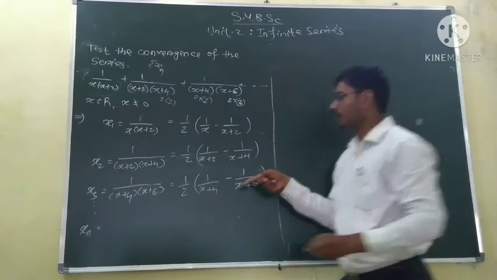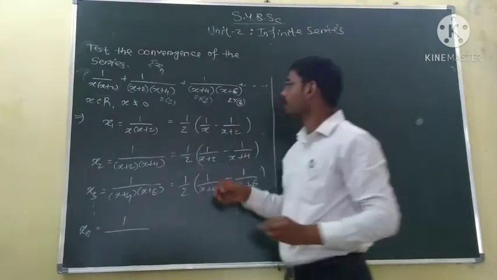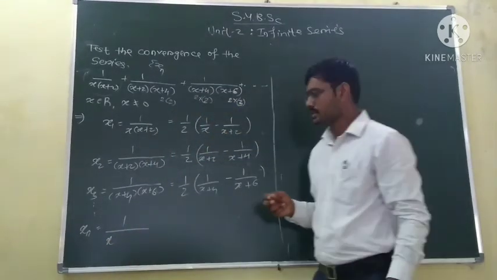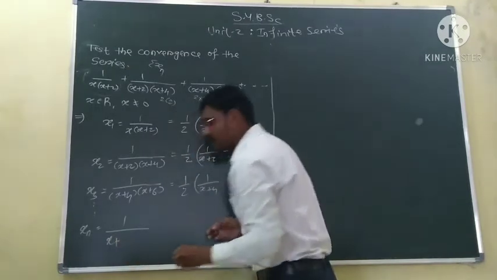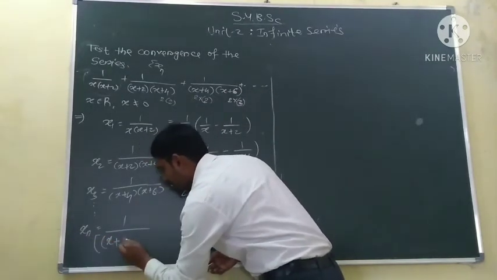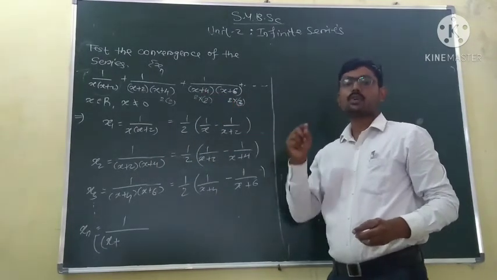So the nth term will be equal to 1 upon x plus, since it is the nth term, in the first bracket there will be n minus 1 times, so 2 times n minus 1.